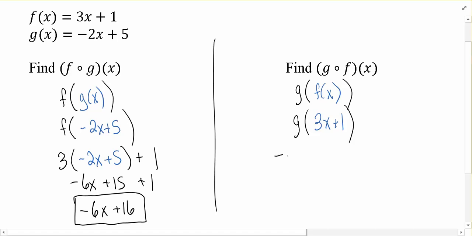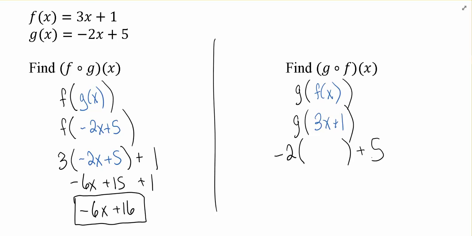G is telling me to do negative 2 times whatever you plug in plus 5. So again, look up at what g of x says, and anywhere where there's an x, just replace it with a big fat parenthesis. Now that we have written down what g is, we say, well, I was actually plugging in 3x plus 1, so let's do that.